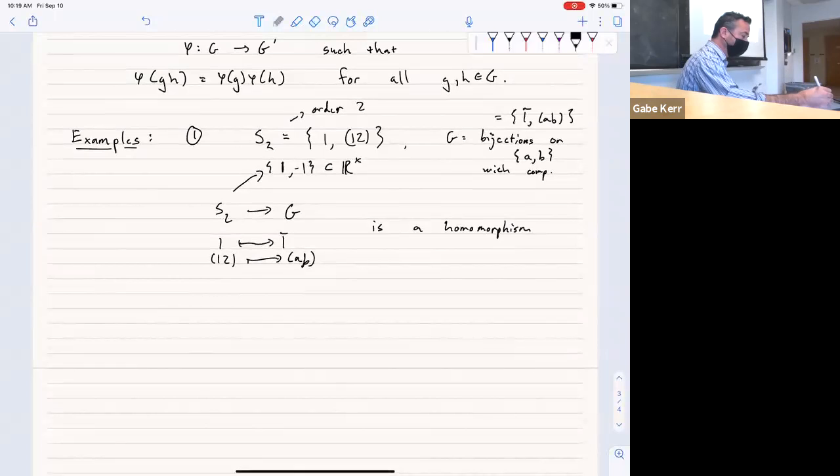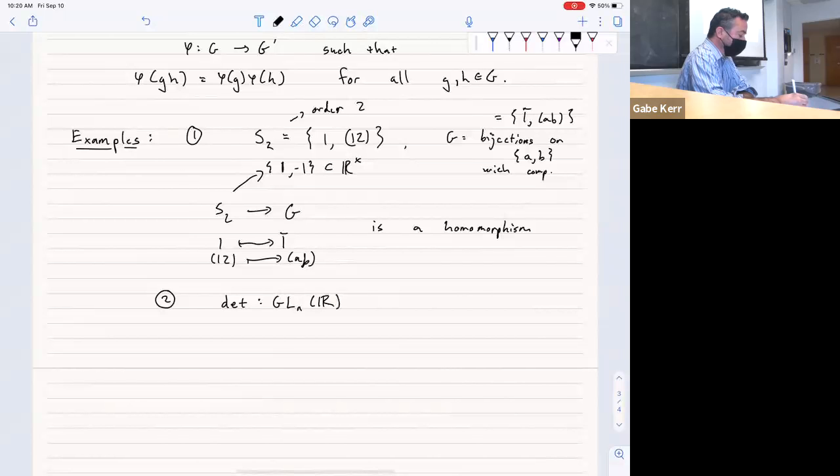We have another homomorphism that we've already dealt with. And in fact, you deal with homomorphisms all the time when you're dealing with calculus. For example, you can take the determinant, taking GL_n(R), n by n matrices with entries in the reals, and map it to R with the product.